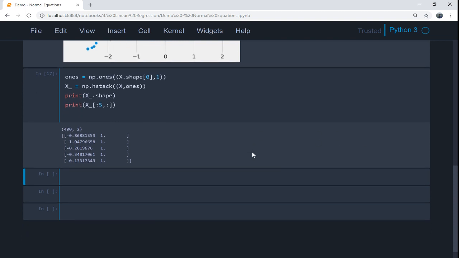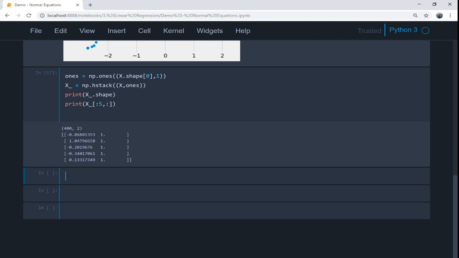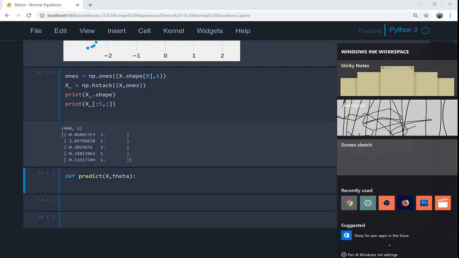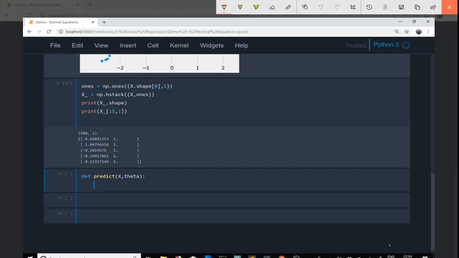And now I'm going to define two functions. One is going to be my predict function. If I know the value of x and theta, then what is going to be my prediction, right? So if I want to compute prediction for everything, it is going to be nothing but a dot product of x and theta. So x is this matrix which is of this shape m cross n, and theta is this matrix which is going to be of the shape n cross 1.